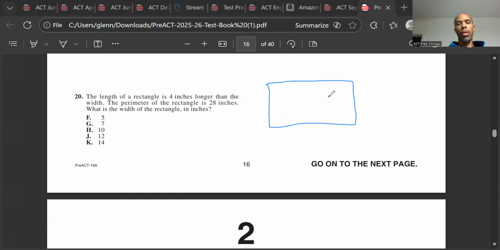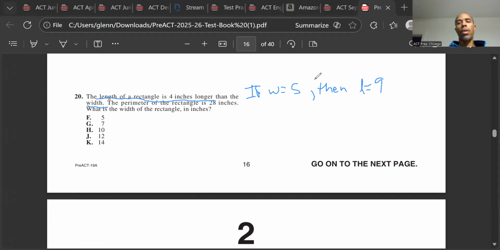So if the width is 5, then based on our definition, which is when the length of the rectangle is 4 inches longer than the width, then the L would be what? The length would be 9, because 9 is 4 inches longer than 5.